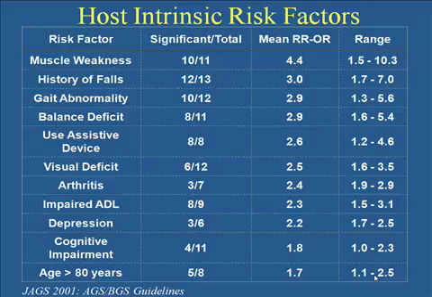Vision loss, sometimes a remedial problem in the case of cataracts, can be a risk factor for falling down. Cognitive impairment, and of course, most of the falling down we see is happening in our older patients, and age has been found to be a risk factor for falling down.